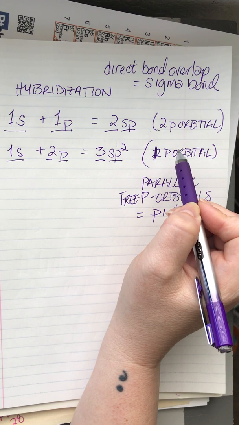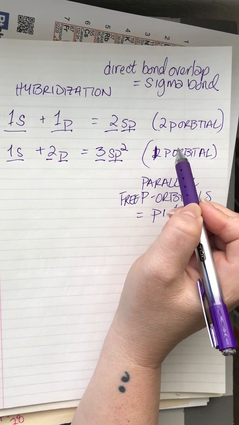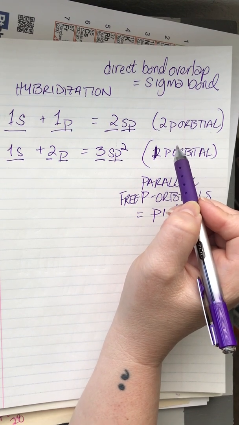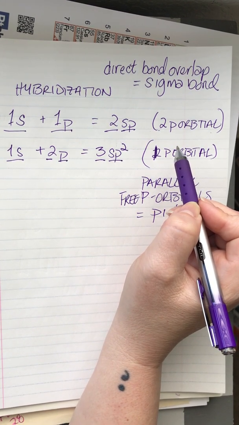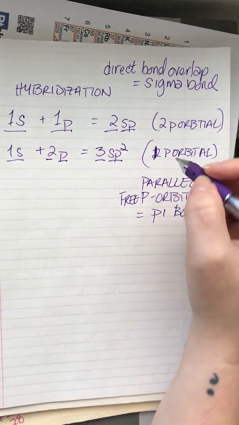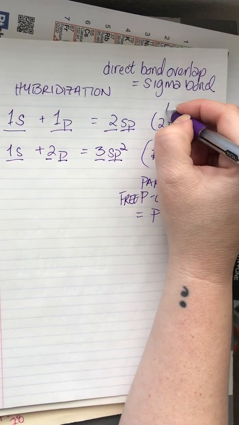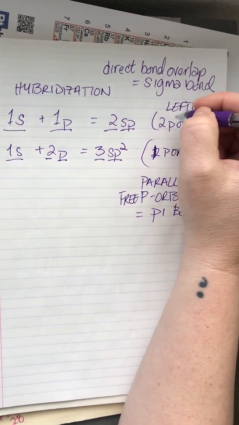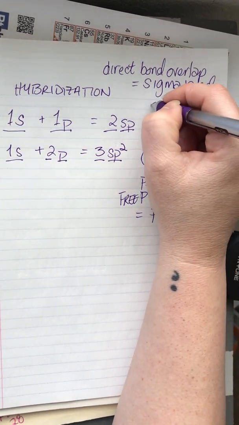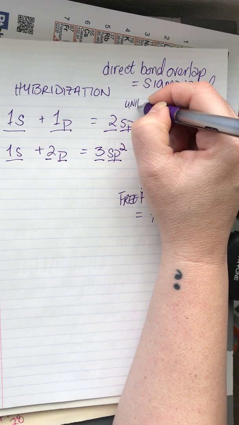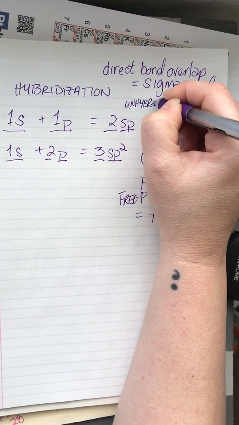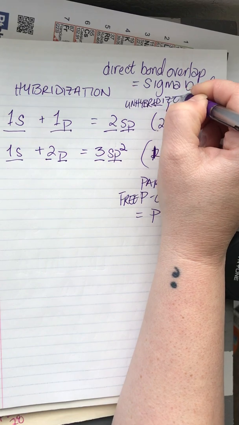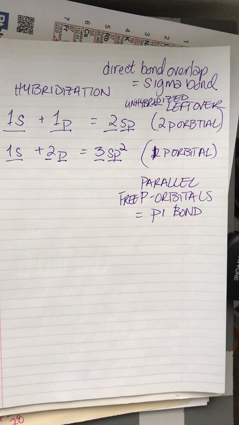I'll be honest, I thought I understood this before, and then when you started saying this, now I think I don't understand it at all. I don't understand what's in the parentheses. So these are the leftover or unhybridized p orbitals.